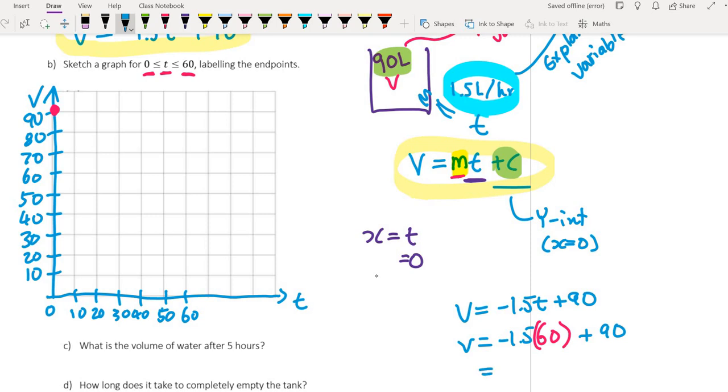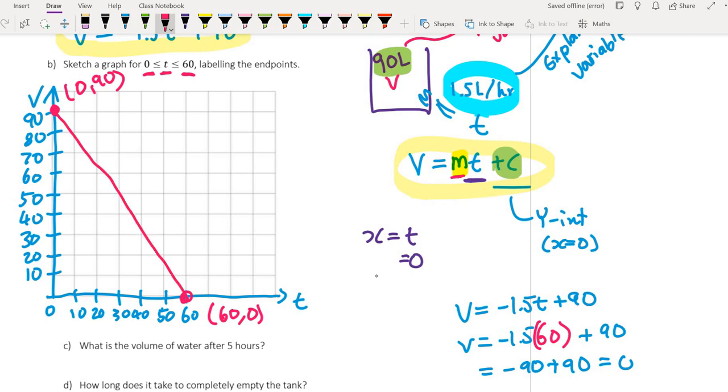If you use the calculator, or if you do it in your head, it's going to be 0. So this is another point that we are using. We have 60, 0, and we have 0, 90 over here. And we draw a straight line, as straight as you can. Mine's not super straight. And that's going to be our graph.